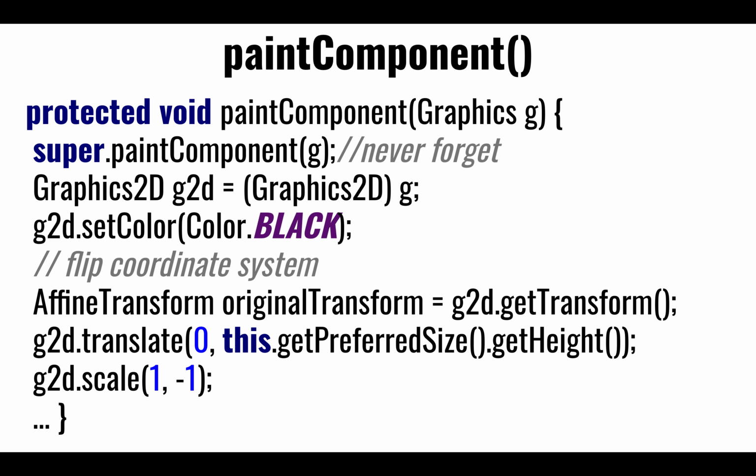We pass it to you, and the graphics variable can be cast to either 2D or 3D, so you can paint with X, Y, Z or just X, Y. Here we're just sticking to two-dimensional drawings.